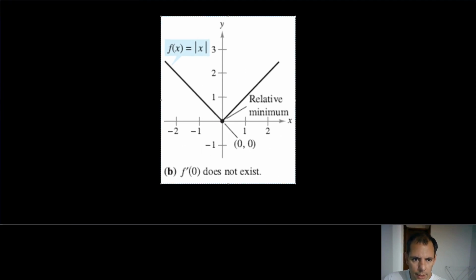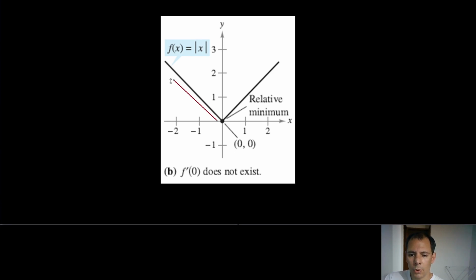The book is saying that a minimum can exist even though the limit doesn't exist. Why? Because coming over here this way, what do you have? This is the absolute value function.